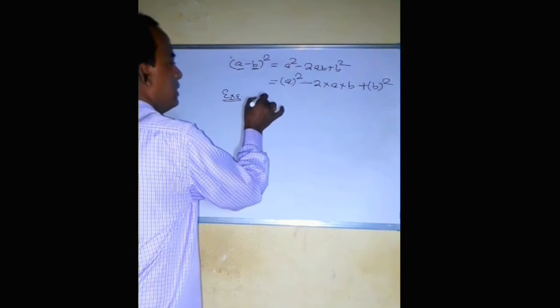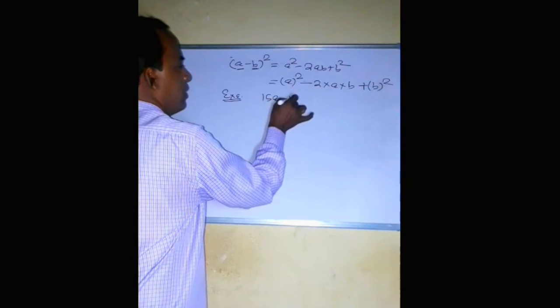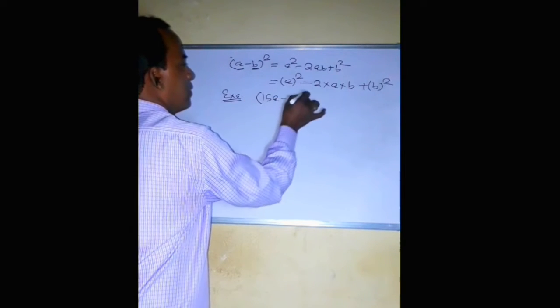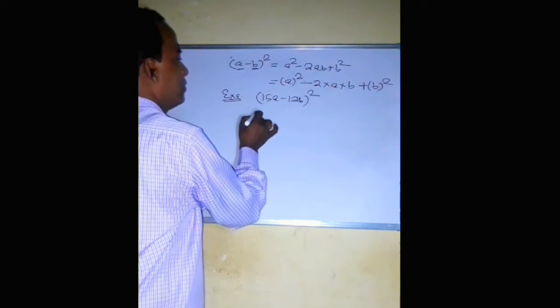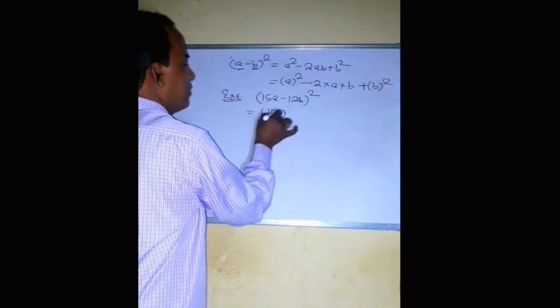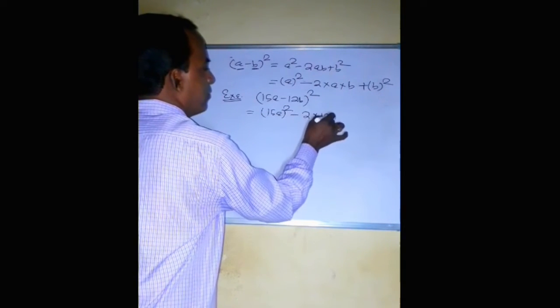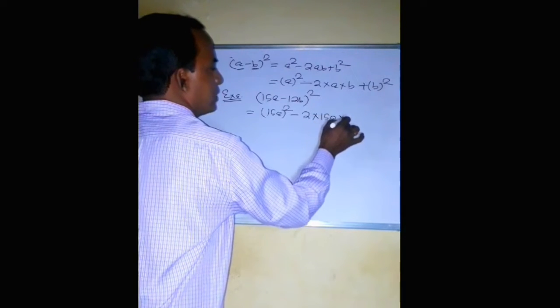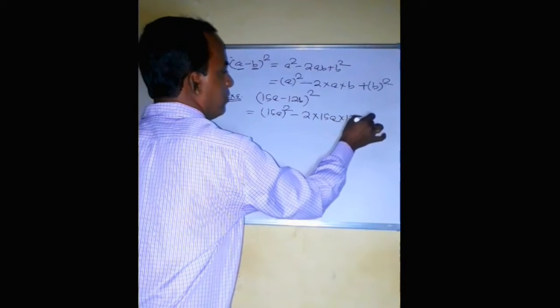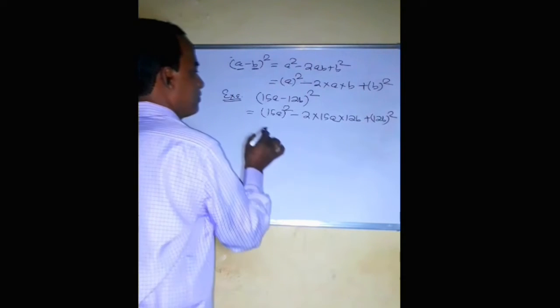Suppose one example is 15a minus 12b whole square. So that's equal to 15a whole square, first term square, minus 2 into first term 15a into second term 12b, plus 12b whole square.